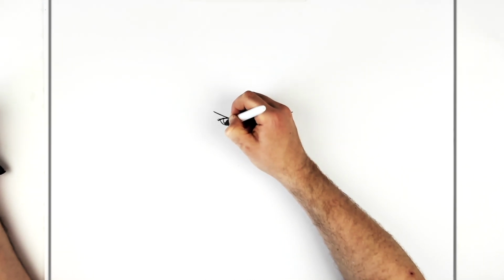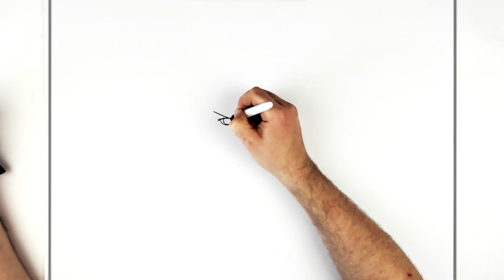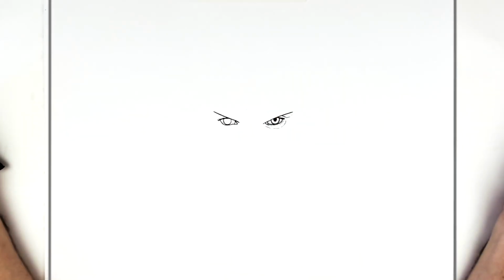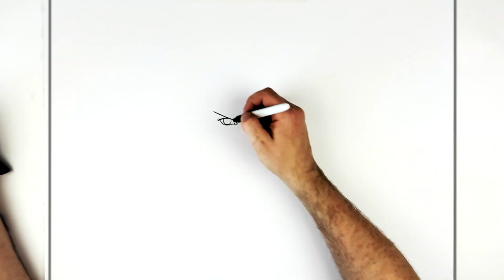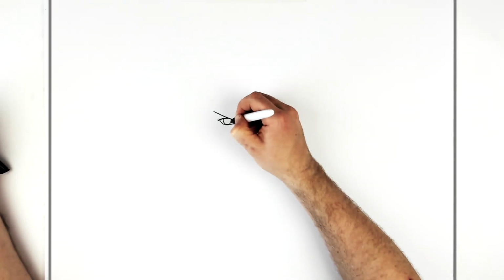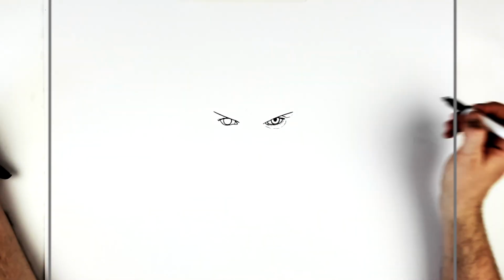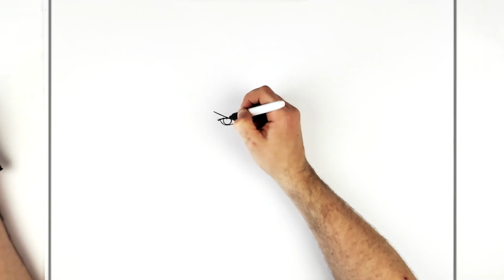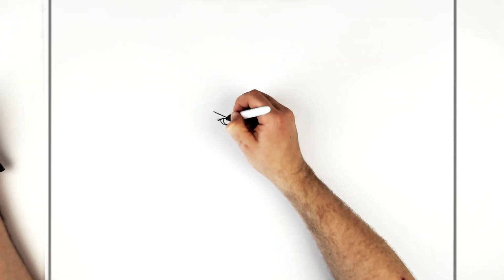So it's a circle kind of with the top just cut off, coming down around here, and you get it as circular as you can. And then the pupil, he's looking up at us from underneath. So again, it's kind of cut off a little bit on top. And then we go around and just color it black.